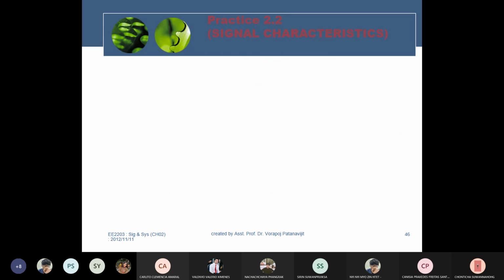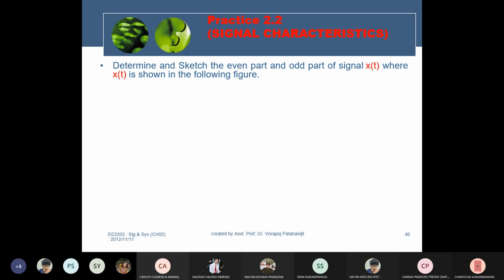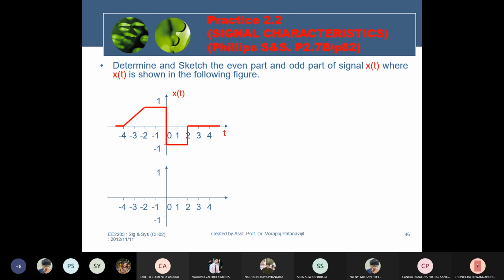Now, the second exercise, the second small work, is about here. The first one is here. Now, x(t) is here. The first step you must determine is time reversal.